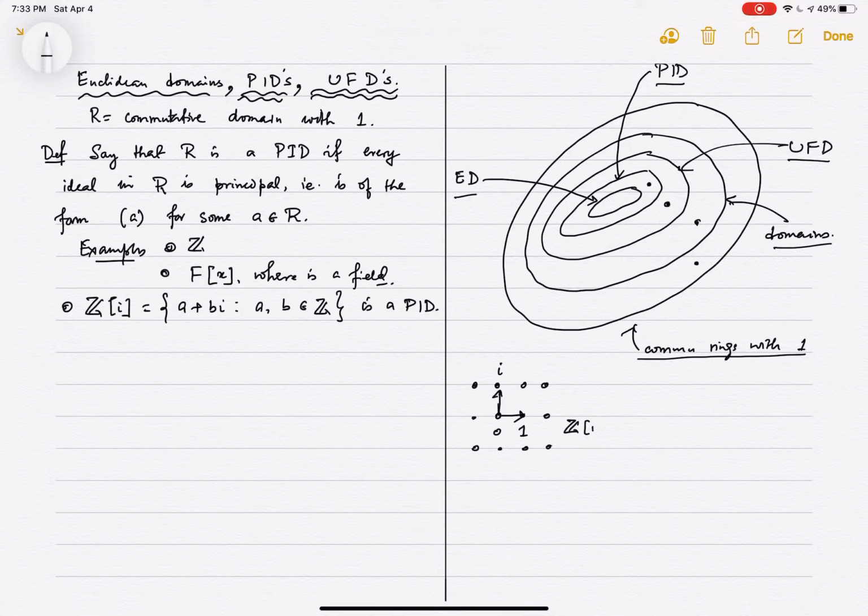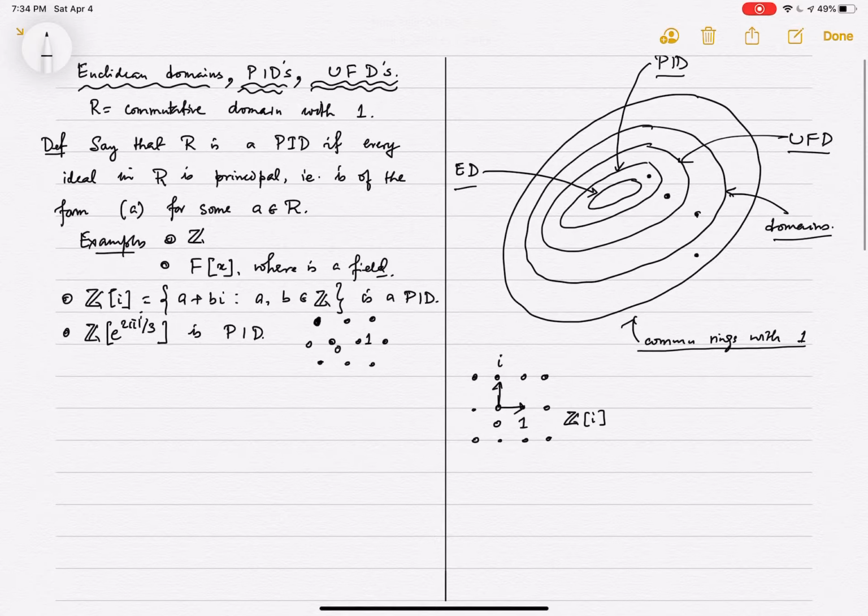So this is Z[i]. That's a PID, we'll see later. If you take Z adjoin e to the 2 pi i over 3, so cube root of unity, we'll see that's a PID. So that one is the triangular lattice. Here is 1 and here is e to the 2 pi i over 3 in the complex plane.